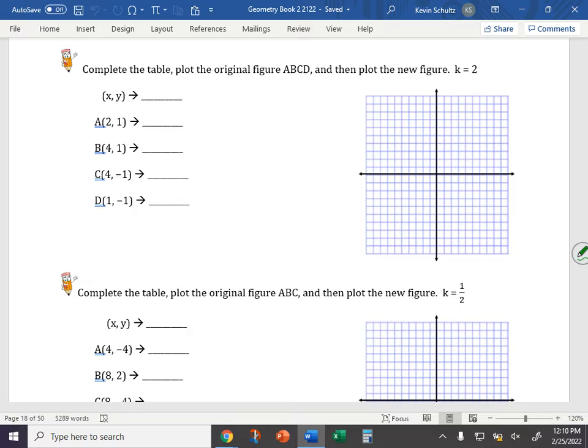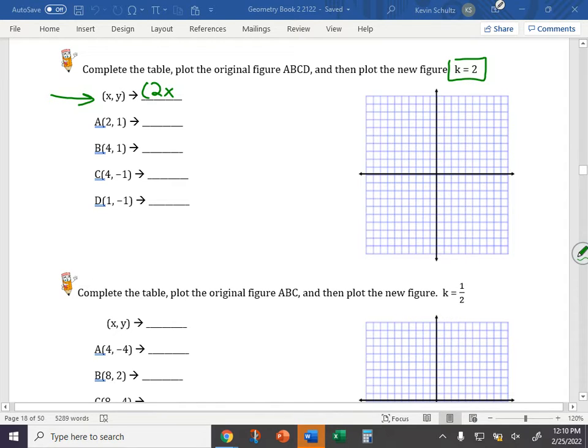So k equals 2 is the scale factor from your original figure to your new figure. In this dilation notation, x, y will become 2x and 2y. K equals 2, so we don't write k. We plug in 2 for it because we're told that's the scale factor.